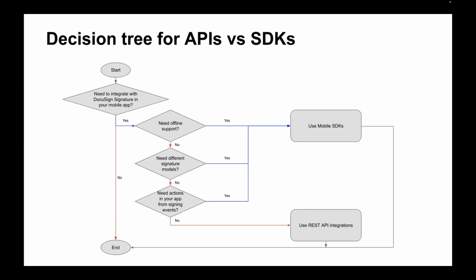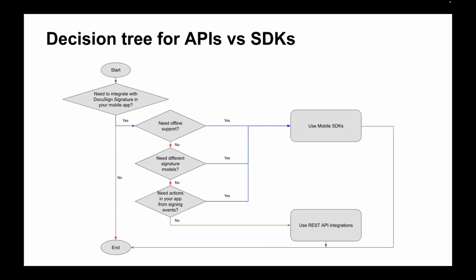And let's say you have a need for presenting different signature modes, such as you need to draw the signature, or you need to type the signature, or maybe you want to capture a photo as a signature. All those forms of signatures are supported from our SDKs. In that case, you can choose our SDKs over APIs.